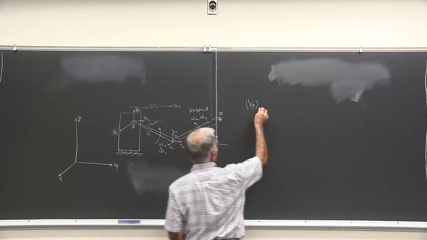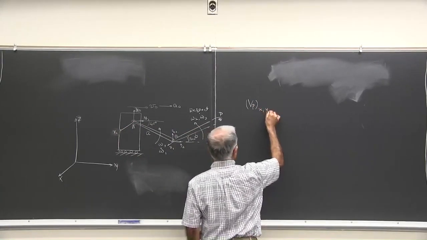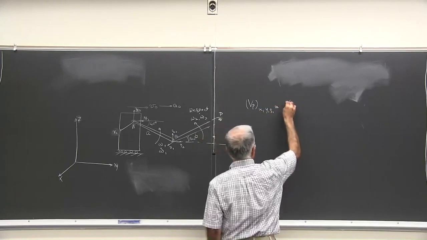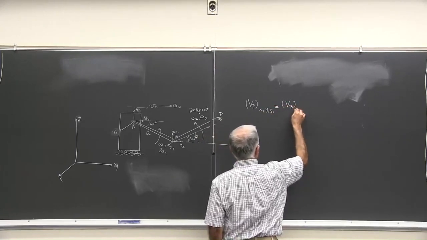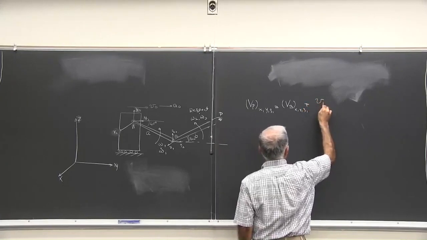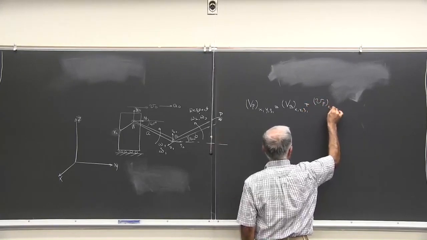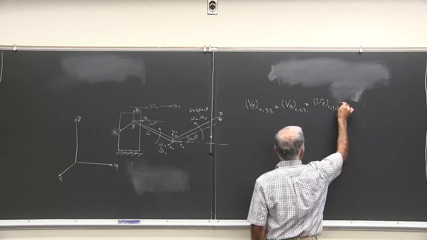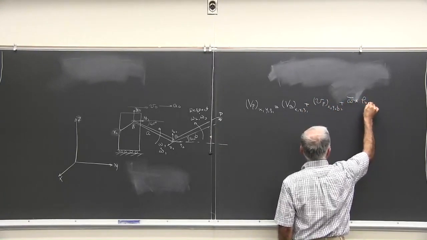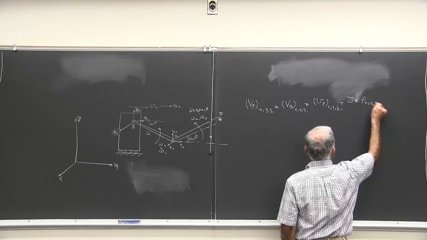You can say velocity of point P with respect to x1, y1, z1 is equal to the velocity of point B with respect to x1, y1, z1 plus velocity of P with respect to x2, y2, z2 plus omega times rho in x2, y2, z2.